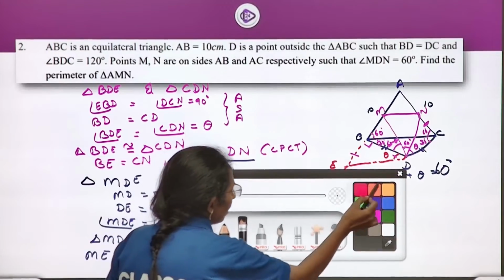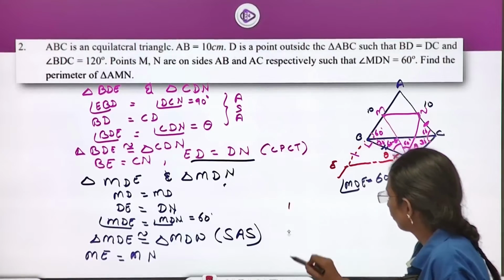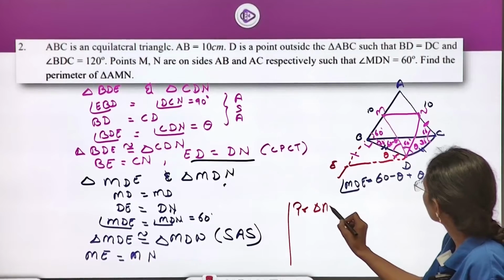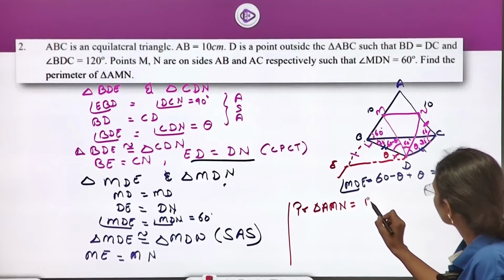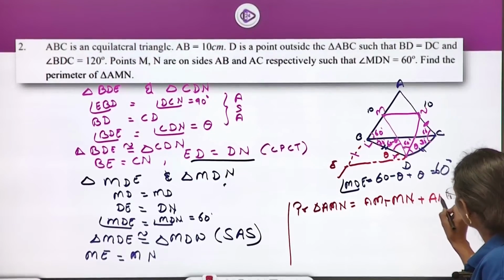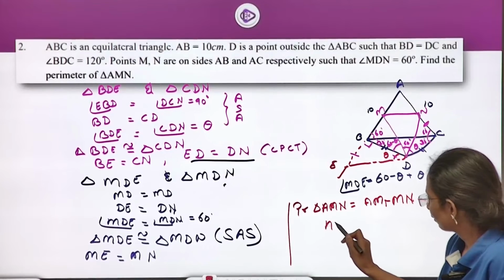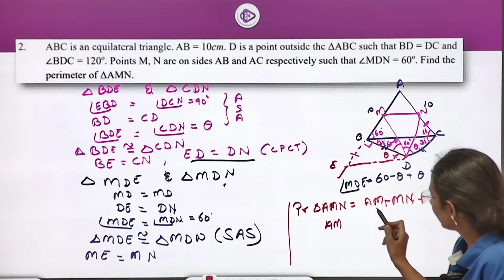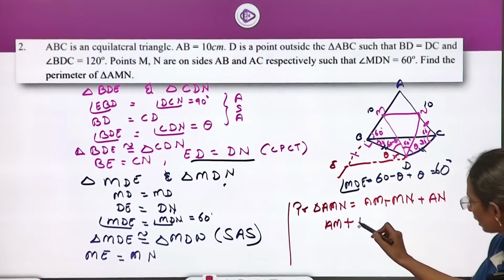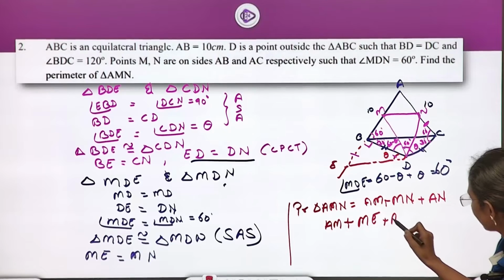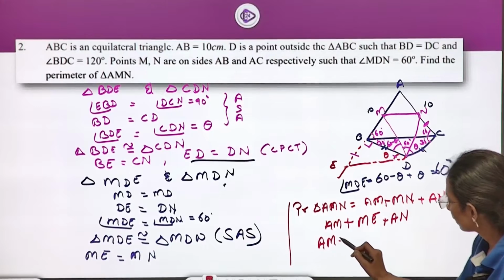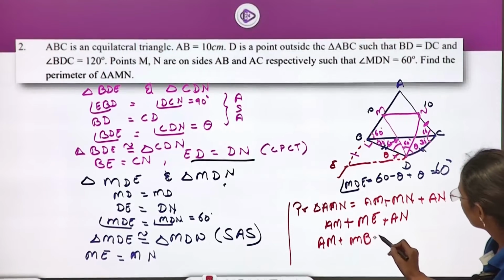Now the required part is the perimeter of triangle AMN, which is AM plus MN plus AN. AM we keep as it is, then MN can be replaced by ME because MN and ME are equal, and AN. Now we can break this ME in two parts, that is MB plus BE.